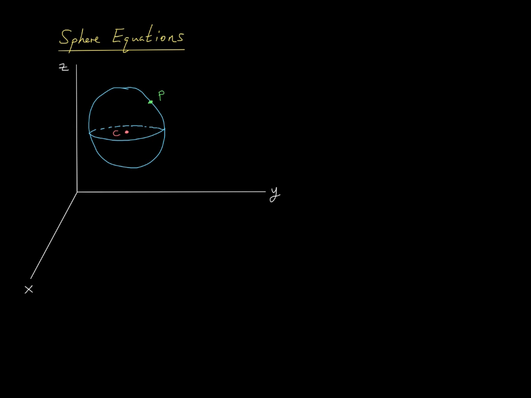Let's say we have a sphere, and its center I'll label C, and this point out on the sphere we'll call P. What really defines a sphere is the collection of all points P that are a fixed distance away from this point C. We'll call that fixed distance R, for radius.